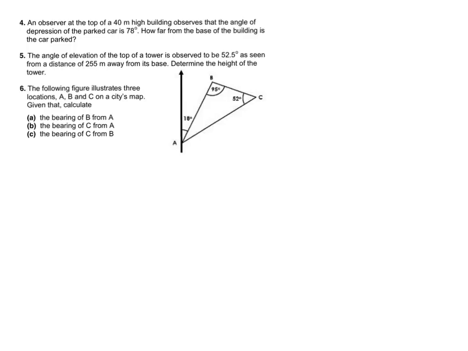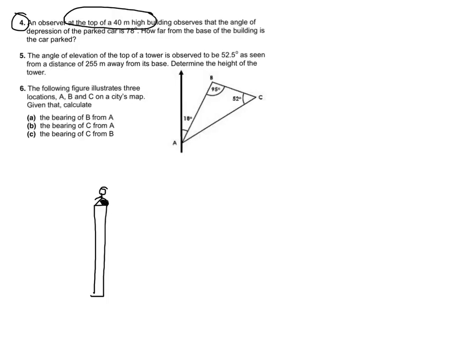An observer at the top of a 40-meter high building. So there is an observer on the top of a building. Let's say this is the building. You don't need to draw a person there, but we can just assume that person is a single point.